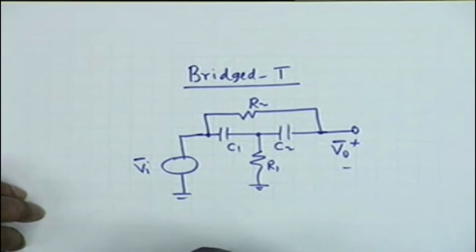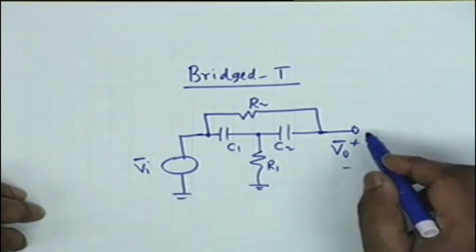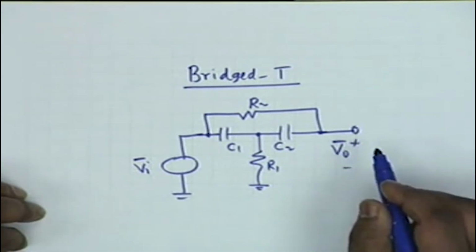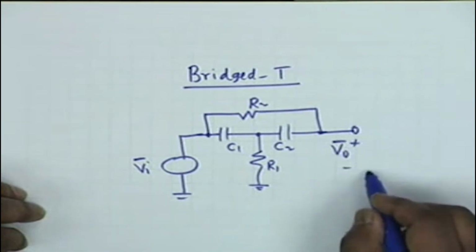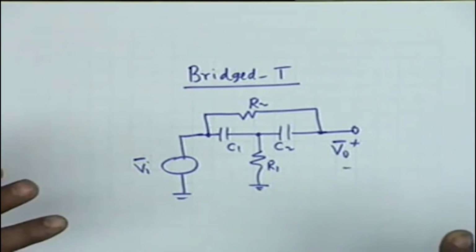Now, how do you analyze this circuit? What is the best method? I can do it by loop. How many loop equations shall I have to write in this particular case? 3 or 2? If this is left open, then only 2. If there is a load here to ground, then 3, agreed.